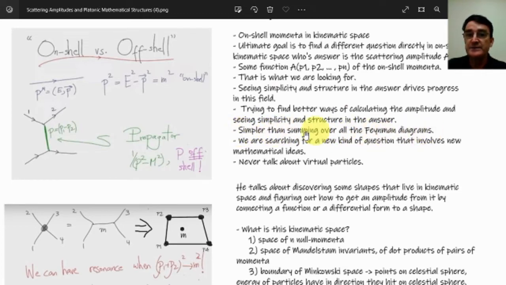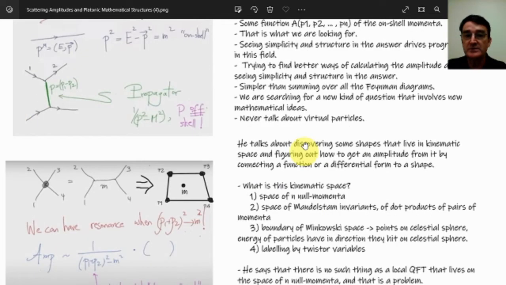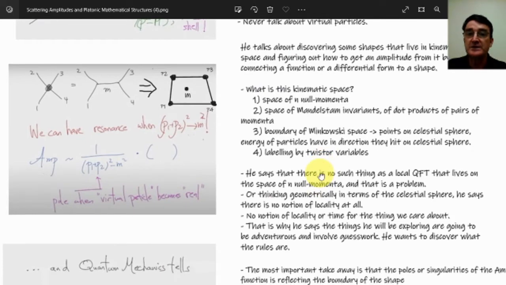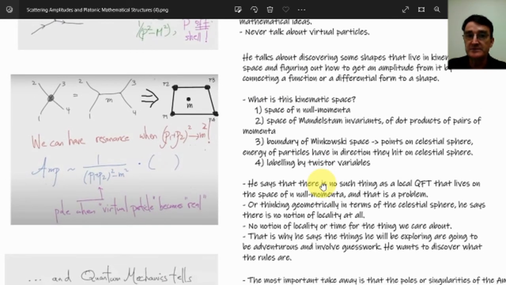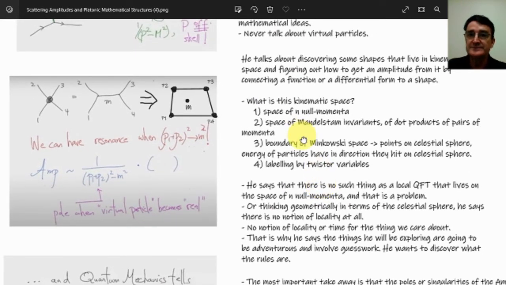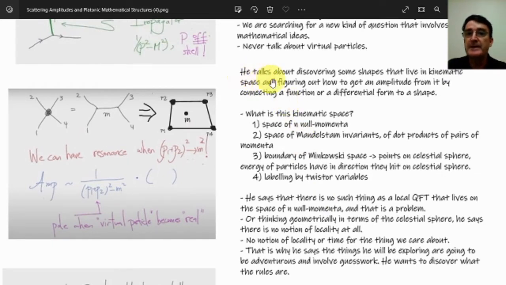So he is searching for a new kind of question that involves new mathematical ideas, and he never wants to talk about virtual particles, which is the propagator here. That's a virtual particle. He only wants to talk about on-shell particles, momenta that are on-shell.